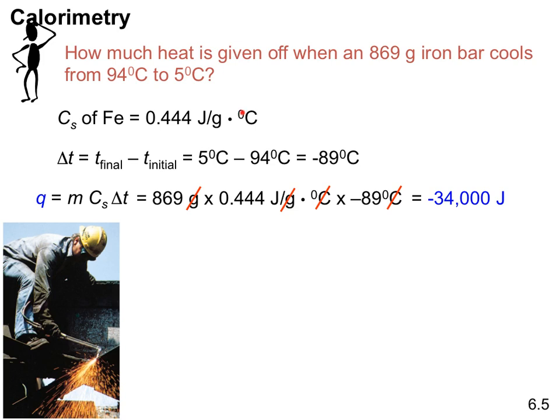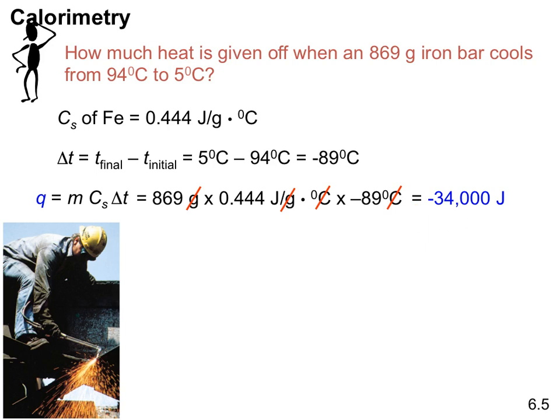And then we plug these values into our equation here. 869 grams, that's our m value, 0.44 joules per gram degree Celsius, that's our specific heat capacity, C sub s, and we plug in our negative 89 right here. We multiply all of that together, and that gives us negative 34,000.